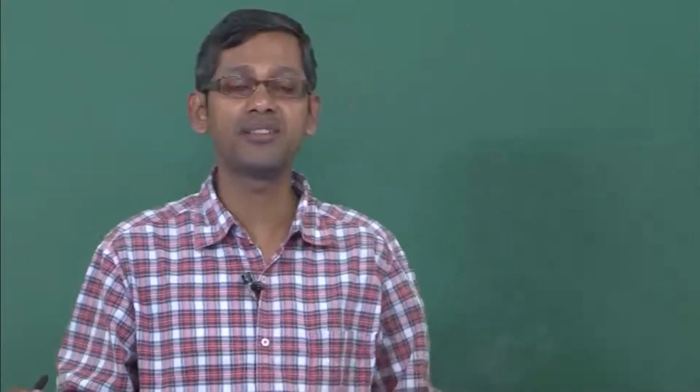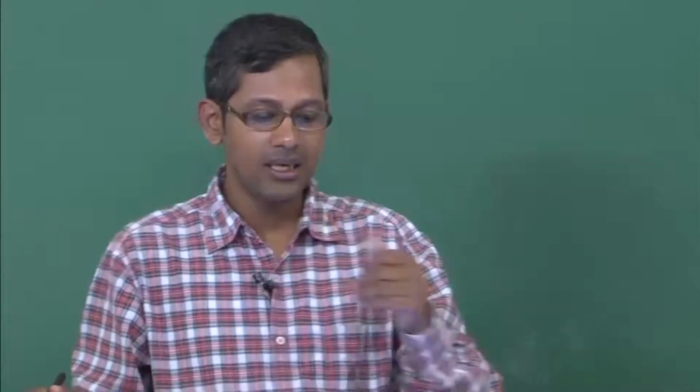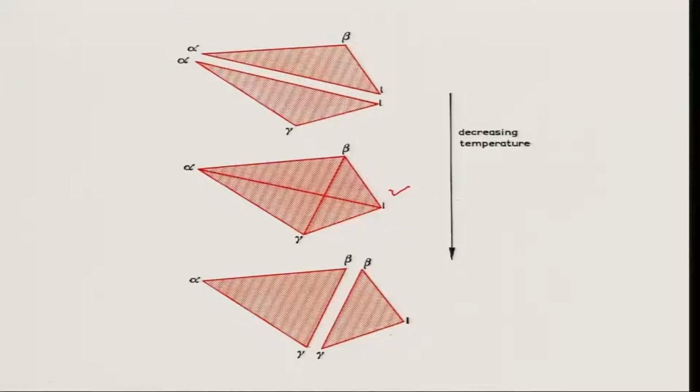There have to be 2 monovariant reactions or equilibria preceding it, and these 2 monovariant reactions can be peritectic and eutectic type, or both of them can be eutectic type. What is the meaning of that? As you see here, there are two monovariant reactions present at temperature higher than the invariant plane. This is the invariant plane, and these are the two monovariant reactions, correct. One is alpha, beta, liquid, the other one is alpha, gamma, liquid.